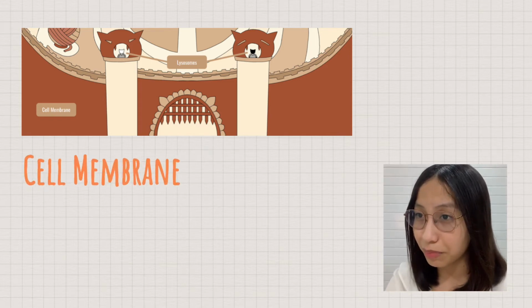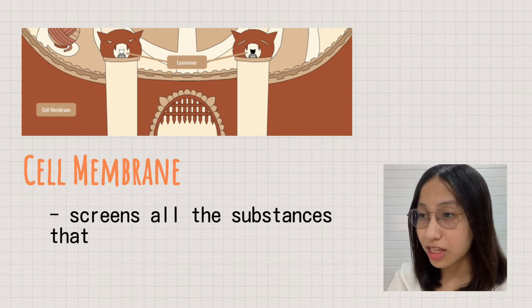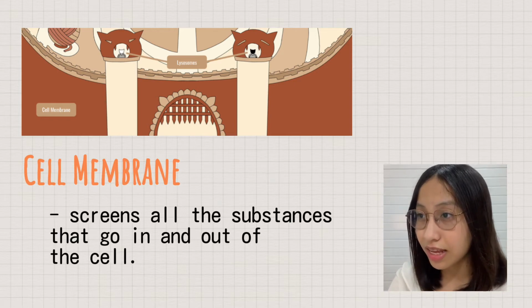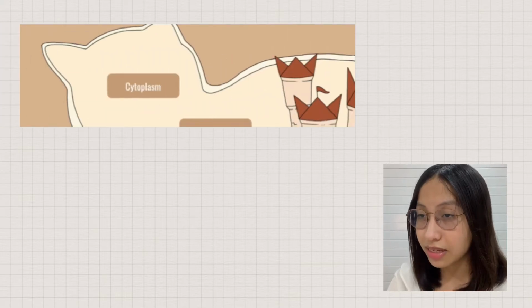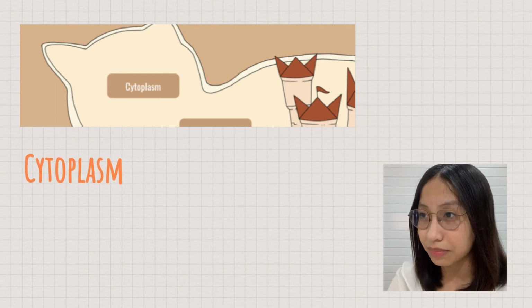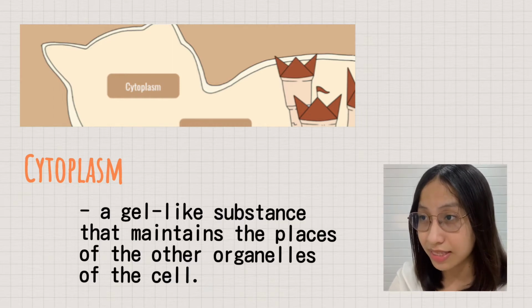Just like the cell membrane or the plasma membrane, it serves as a protection for the cell as it screens all the substances that go in and out of the cell. Next, the ground inside of the kingdom is comparable to the cytoplasm. The ground holds every structure inside the kingdom, like the cytoplasm holds the other organelles in place inside the cell.